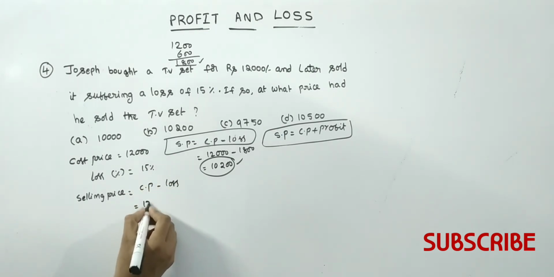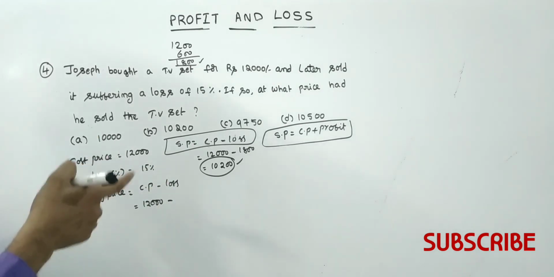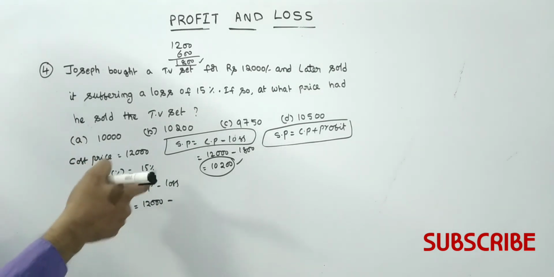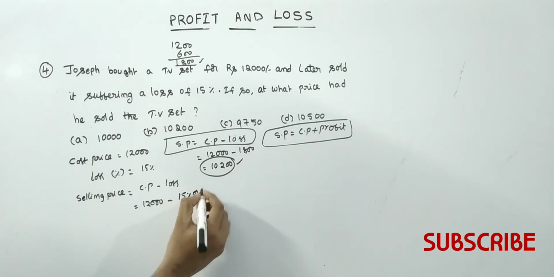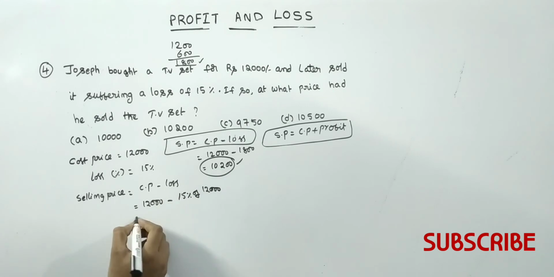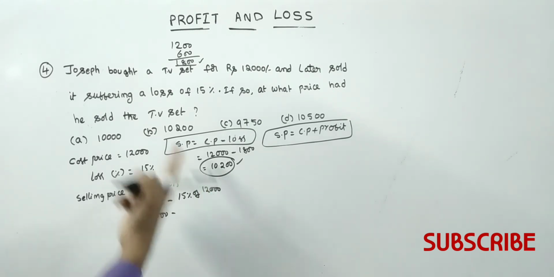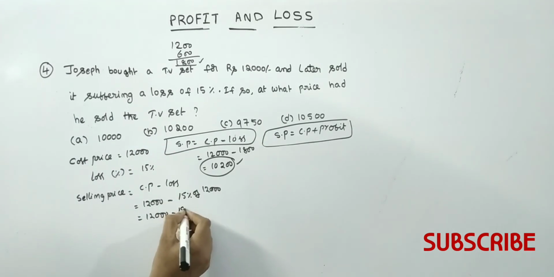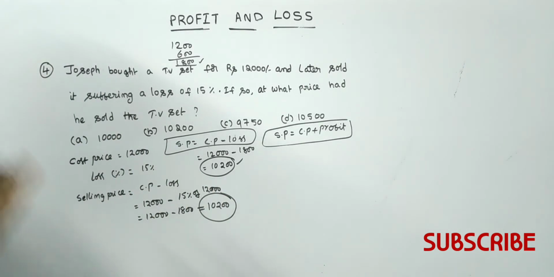Here cost price how much? 12,000. Minus loss, that means 15%. 15% on what? 15% on cost price. That means 15% of 12,000. Then 15 percentage of 12,000, how much? 1800. Then the answer is 10,200.